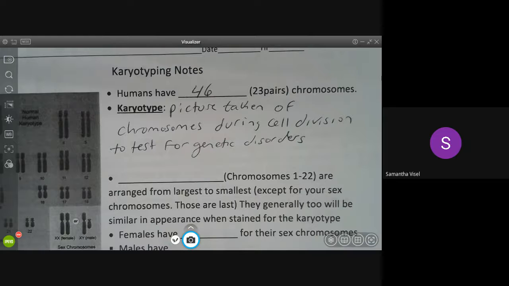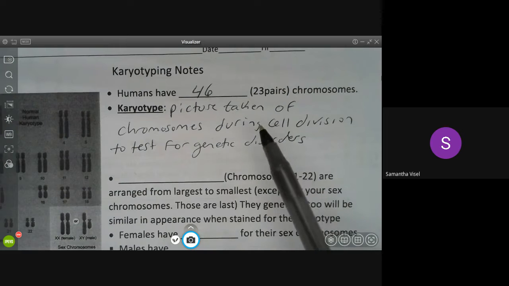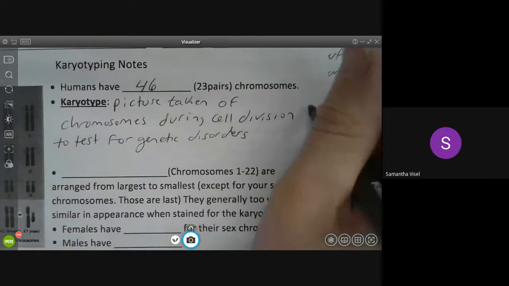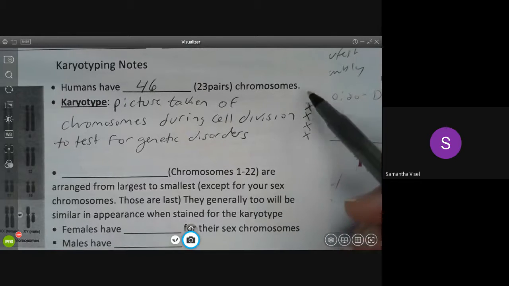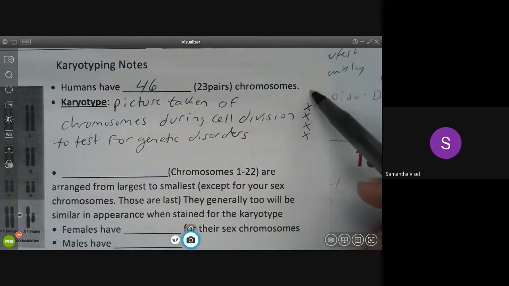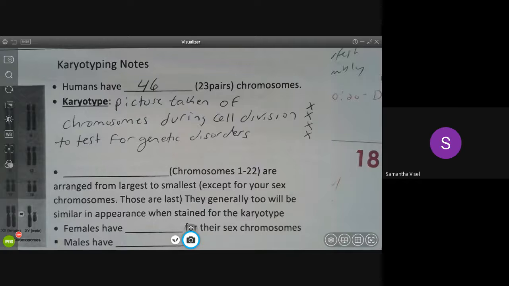And generally, this picture, while it could technically be taken at any point in mitosis, that's our division for our body cells, is generally taken during metaphase, when the chromosomes are all lined up in the center of the cell, so that you can clearly see them one by one.